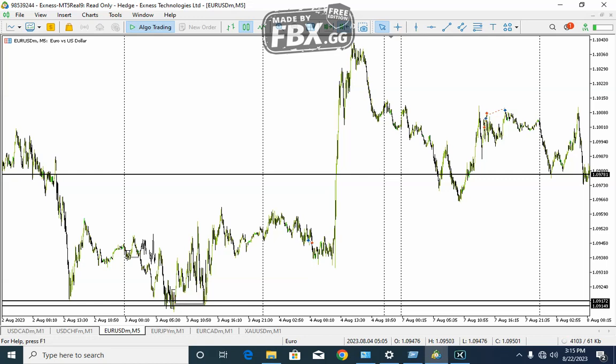Most of the time, I partial out and then take my SL to break even at entry, and leave it to smash TP. That way, even if the market comes and takes me out after the end of the day, I'll still be in a good profit.